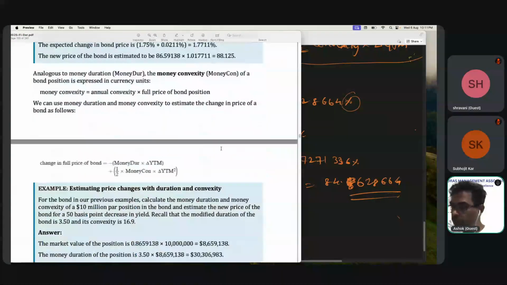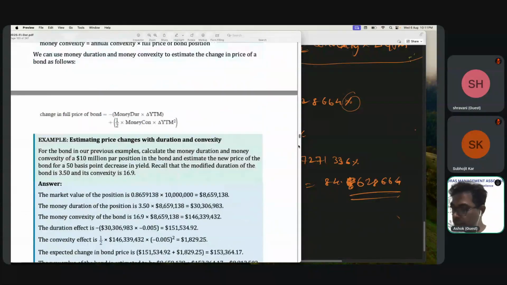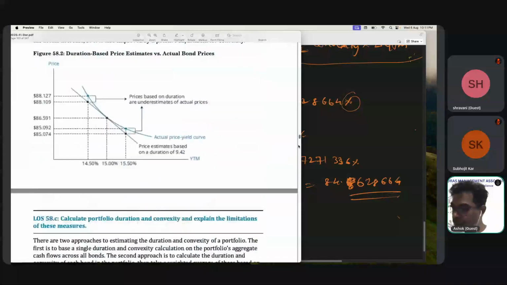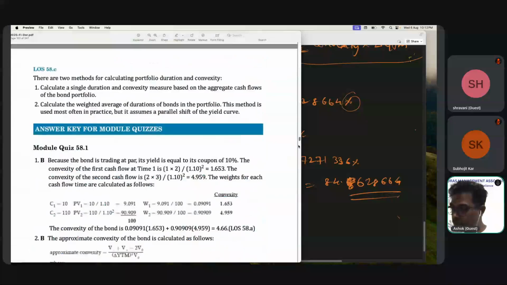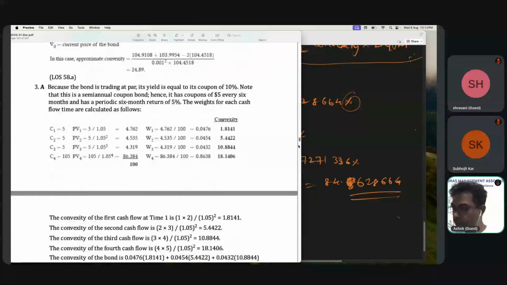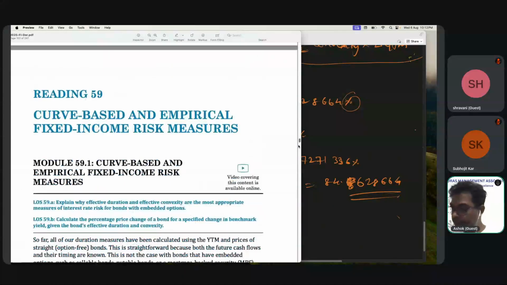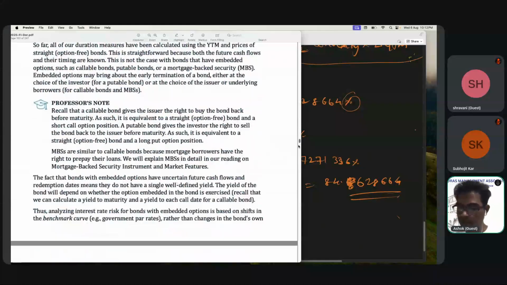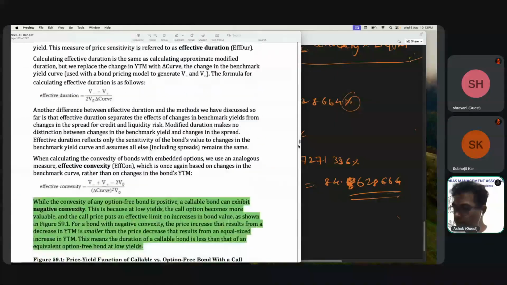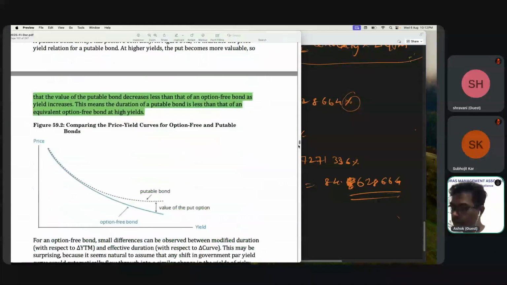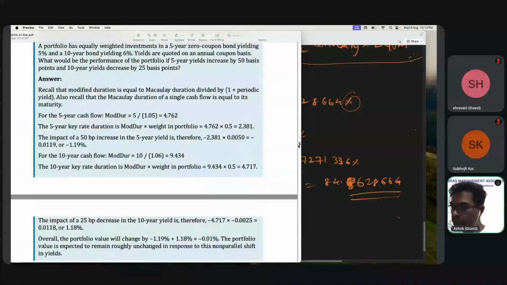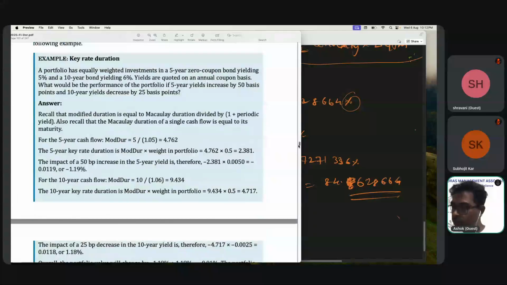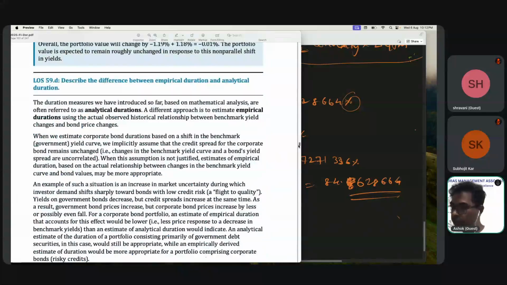But before that, convexity can be calculated in another way also. So I'm just seeing if I can show that also to you now.